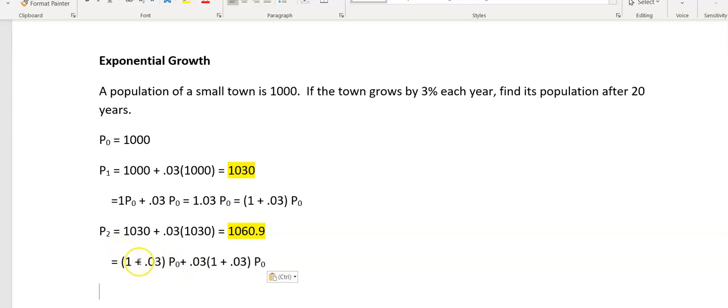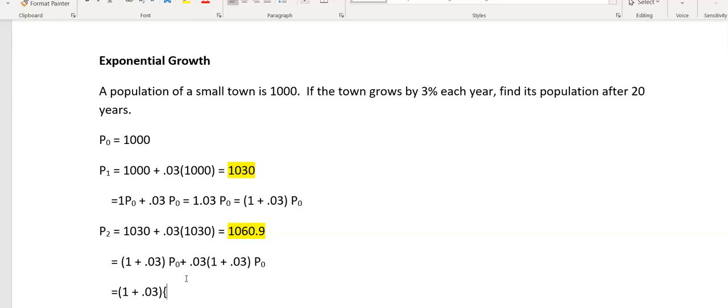Notice that they have in common this 1 plus 0.03. They both have that set of parentheses. So I'm going to factor it out. Think of it as I'm yanking that entire set of parentheses, 1.03, to the front.